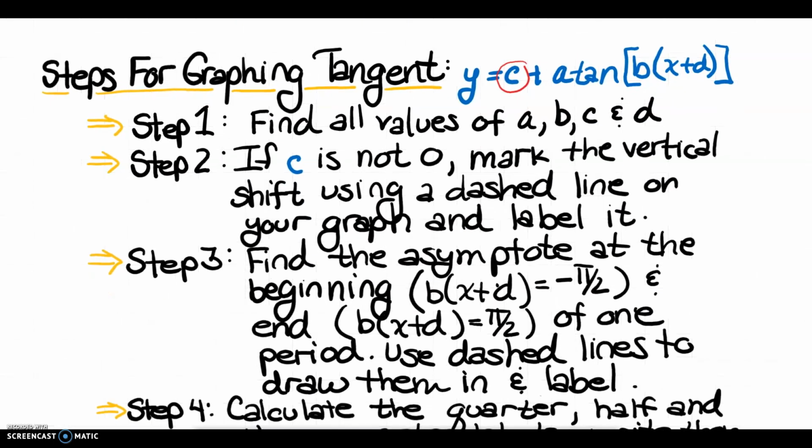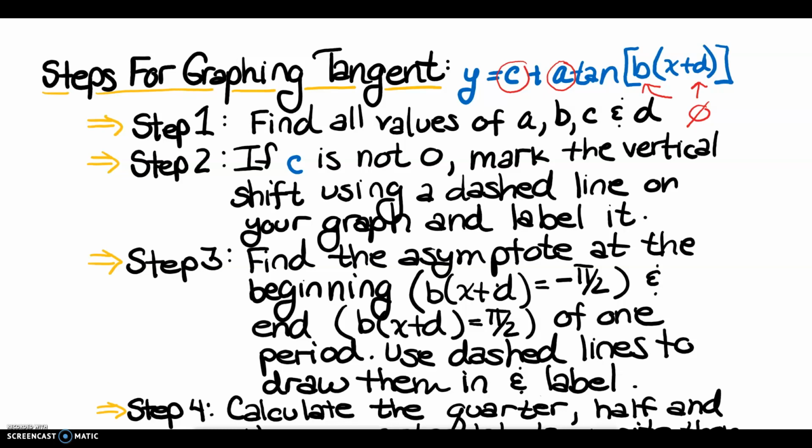So while C is still our vertical shift, A is going to be our stretch or compress factor, B is going to be what changes our period, and D, or phi, I like phi, is going to be our phase shift or our horizontal shift.